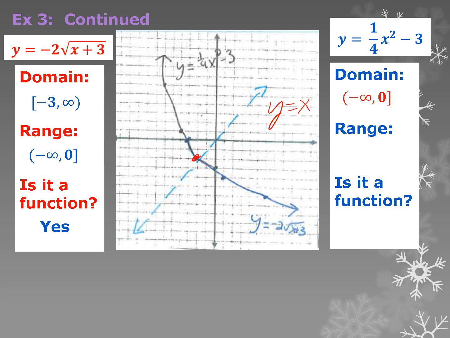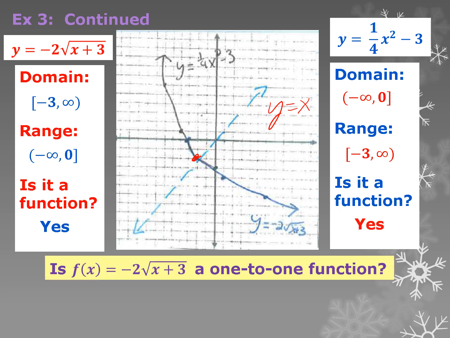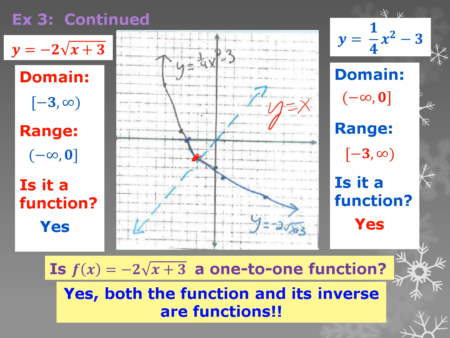The range of the inverse is negative 3 to infinity. And that matches the domain of the original, but it also makes sense when looking at the graph. Is it a function? Yeah. So can we say that f of x equals negative 2 times the square root of x plus 3 is a one-to-one function? Yes, we can, because both are functions.